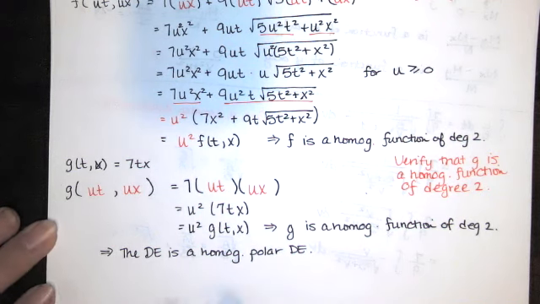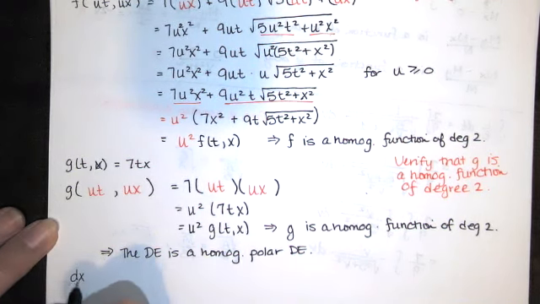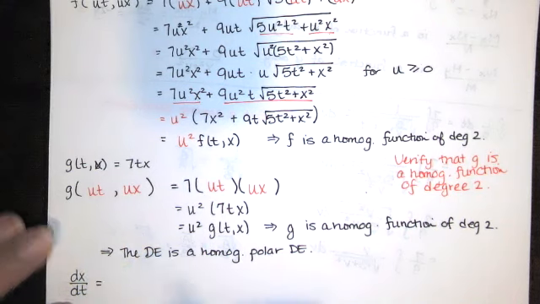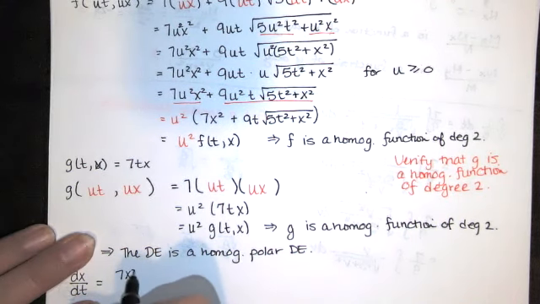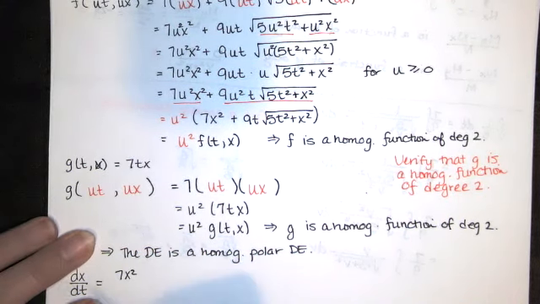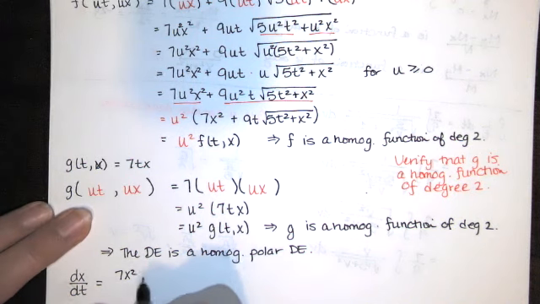Okay, now that you know that you have a homogeneous polar differential equation, we want to take that differential equation and we want to write it as a function of x over t.